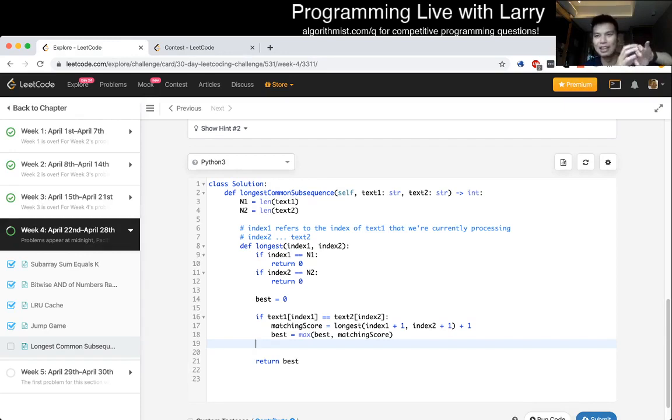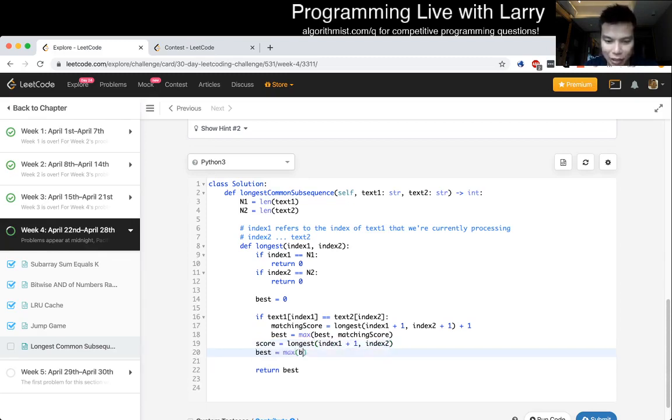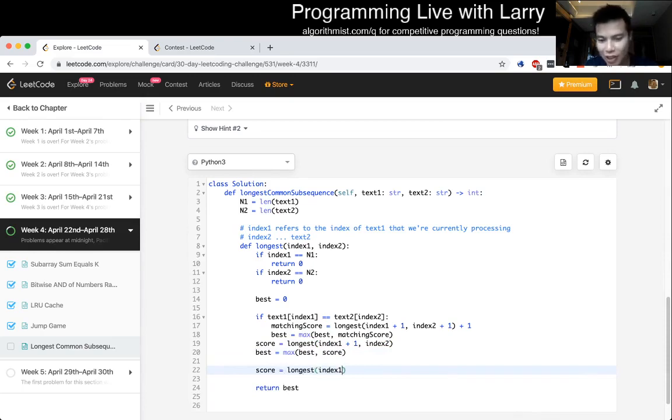We chop off the beginning and don't use it, and then there are subproblems, and we see how good that goes. So we can write score is equal to longest of index 1 plus 1, index 2, and then best is equal to max of best and score. I don't usually write it this way, but this is for a little bit of clarity.